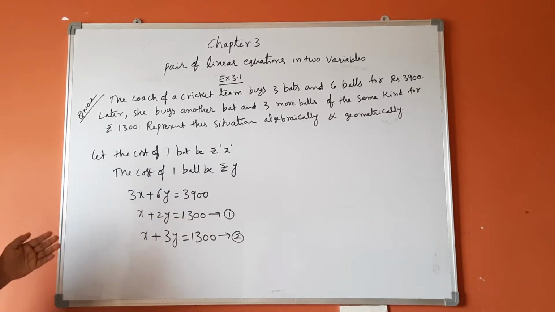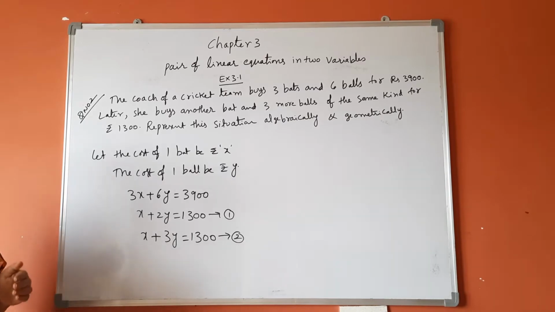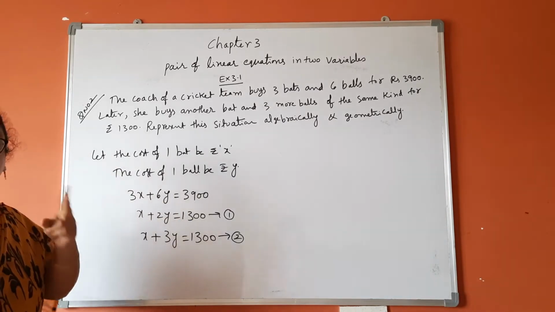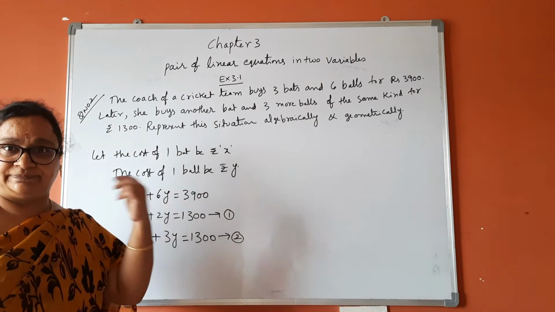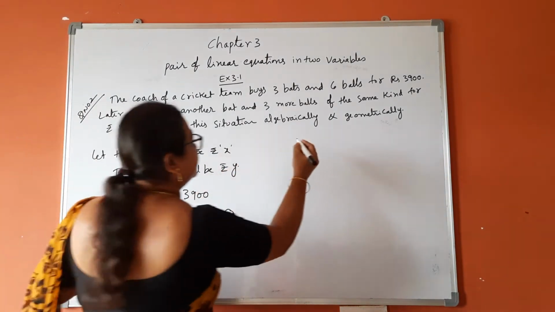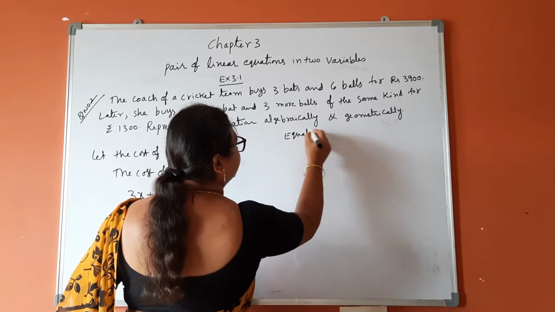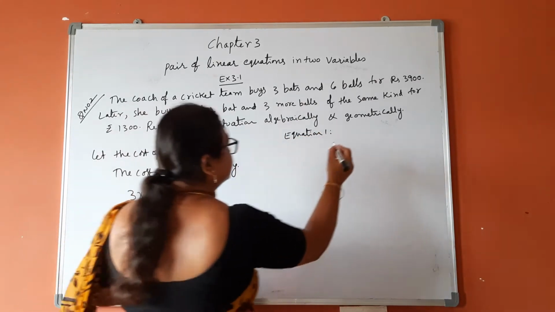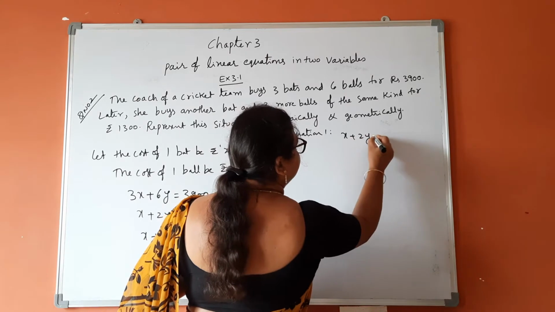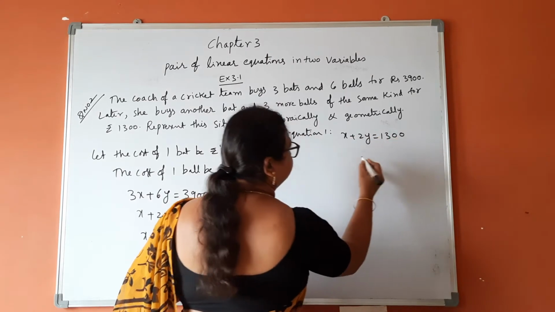Now we need to represent it graphically. For graphical representation, we need to find two solutions for each equation. Okay? Let us consider the first equation, that is x plus 2y is equal to 1300.